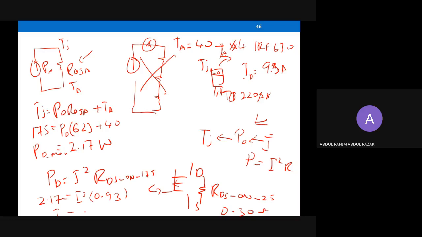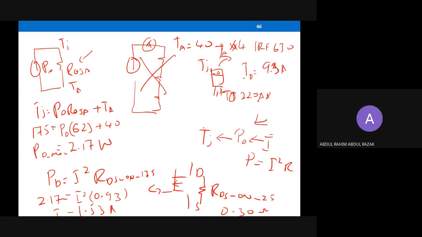Is it correct? 1.53 ampere. Instead of 9.3 ampere, we are able to conduct the current in the circuit up to 1.53 ampere.